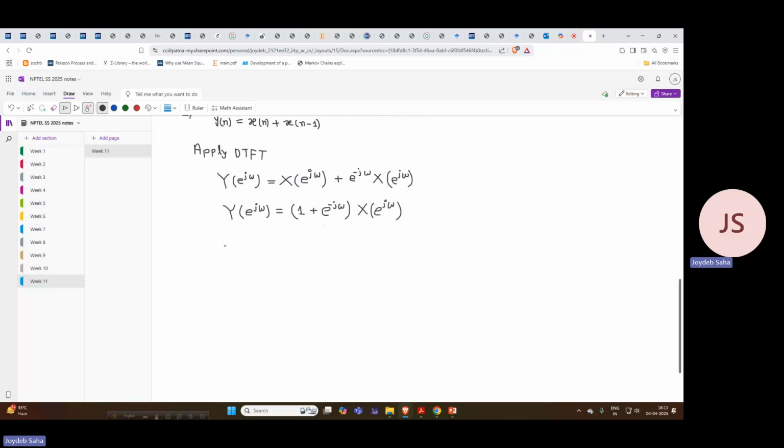Now we can write Y of e to the power j omega divided by X of e to the power j omega is equal to 1 plus e to the power minus j omega.